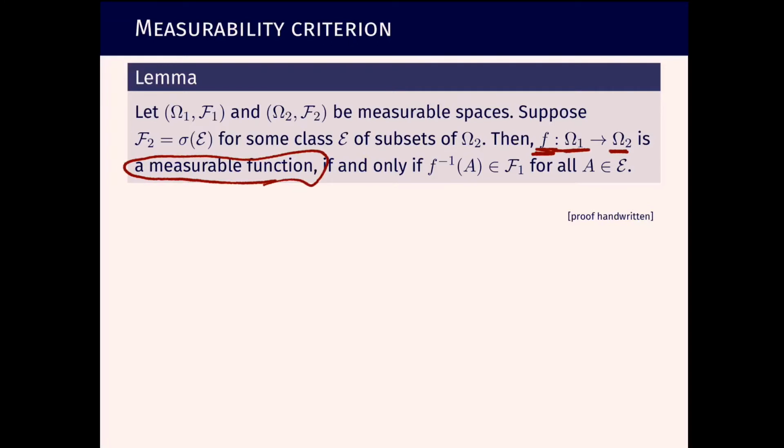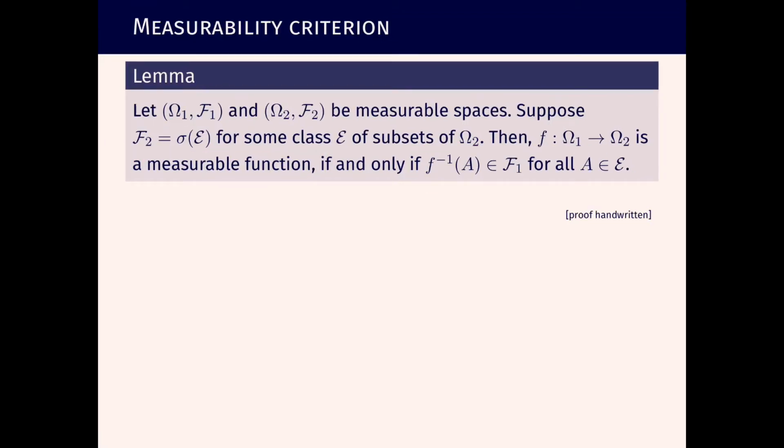it is enough that the pre-image of any set in a certain class is measurable on the source space, as long as this class E generates the sigma algebra F2 of the target space.